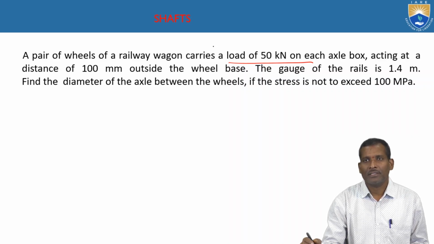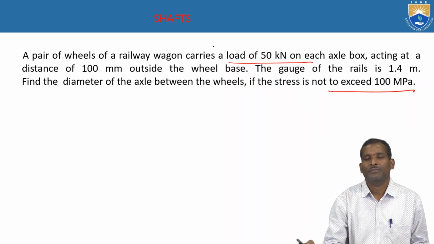The gauge of the rails is 1.4 meter. Find the diameter of the axle between the wheels if the stress is not to exceed 100 megapascal.